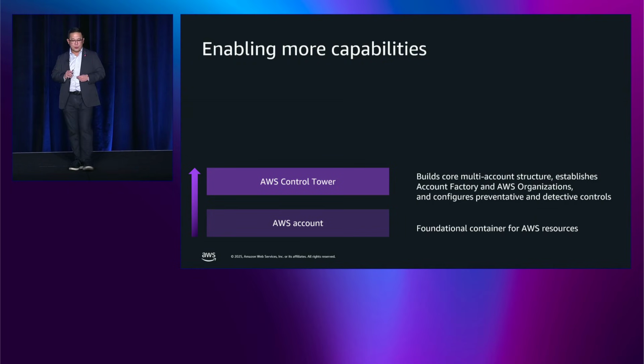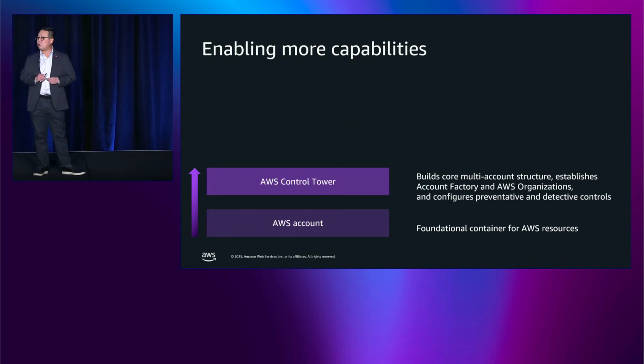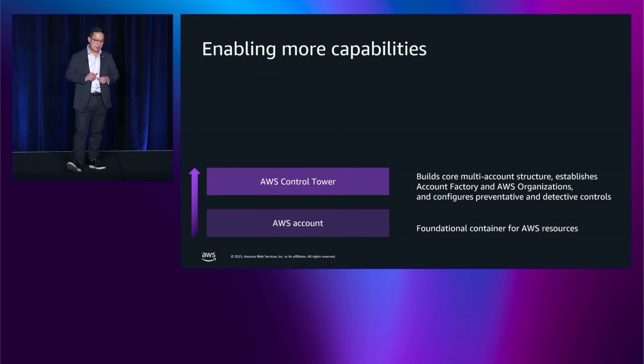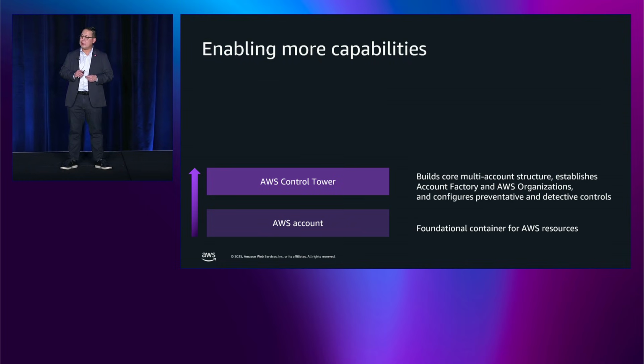It will also create and deploy an account factory that allows you to quickly create AWS accounts. It will configure the initial organizational units for your environment, as well as preventative and detective guardrails for your environment.